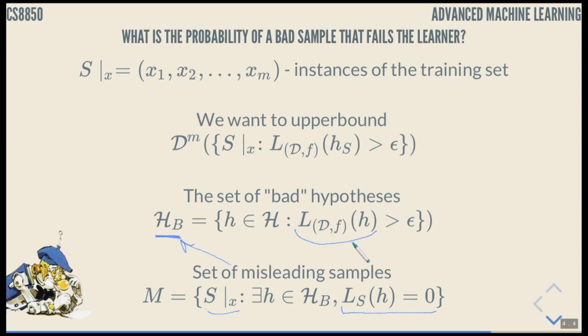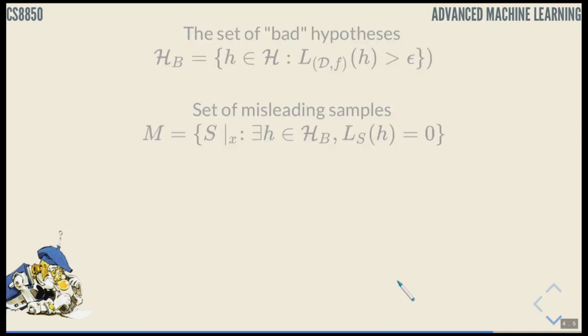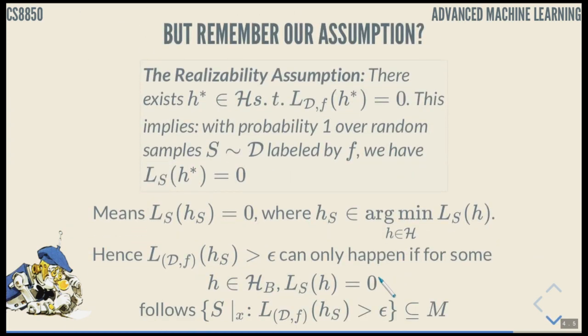It's a failure. The true loss is greater than epsilon. But that practically means that the set of training samples for which the best classifier that minimizes empirical risk has true loss greater than epsilon is a subset of misleading samples.